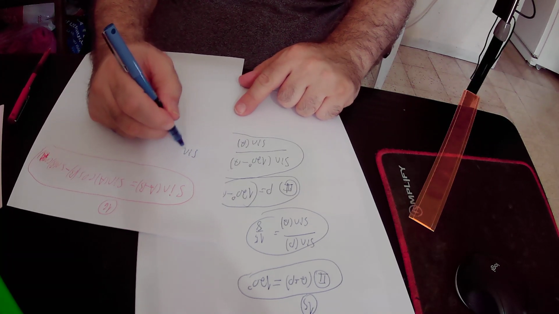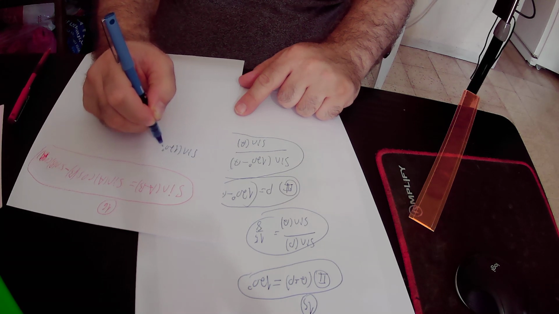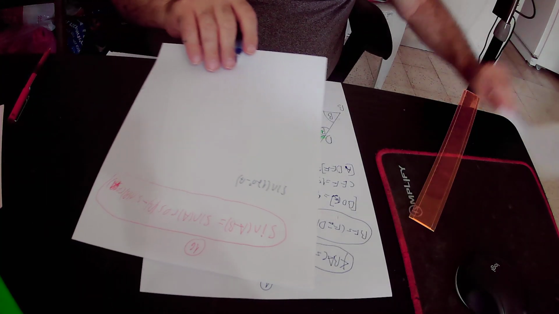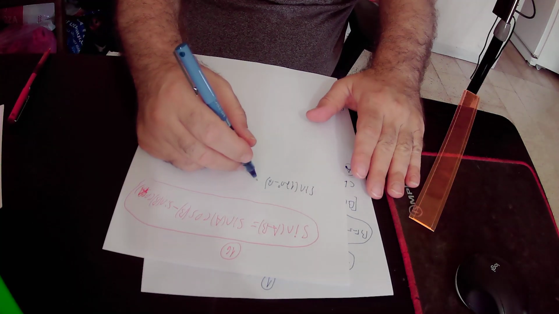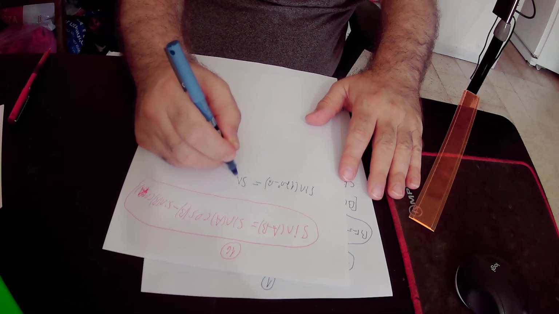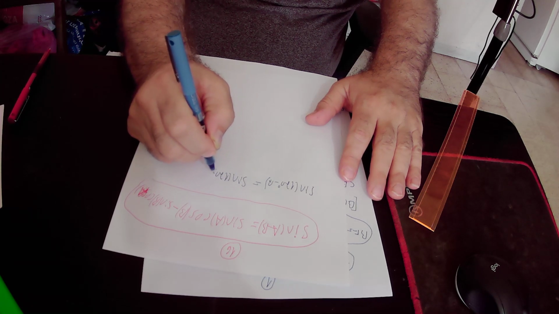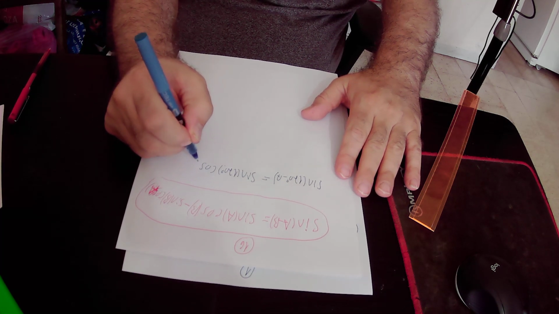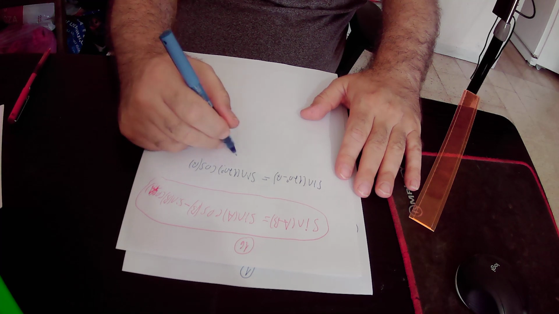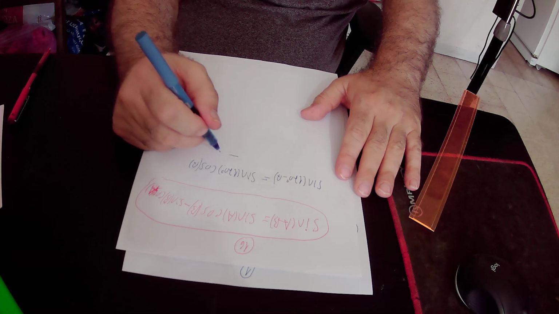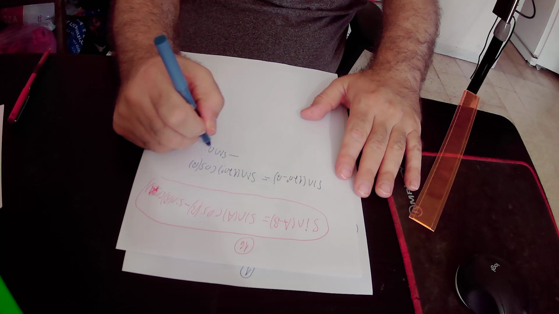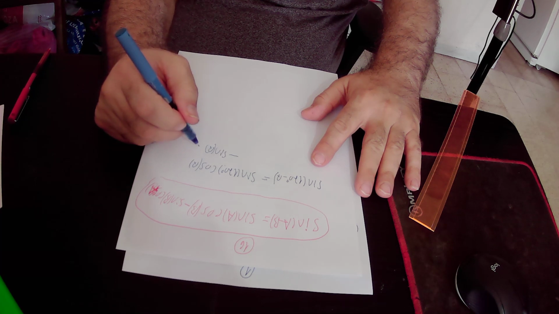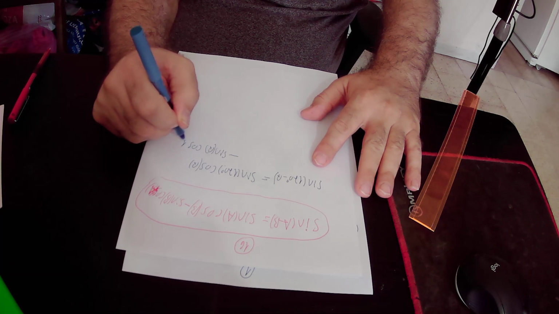So sine of 120 degrees minus Q will be equal to sine 120 degrees times cosine Q minus sine Q times cosine 120 degrees.